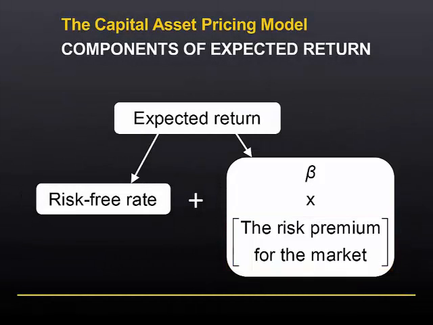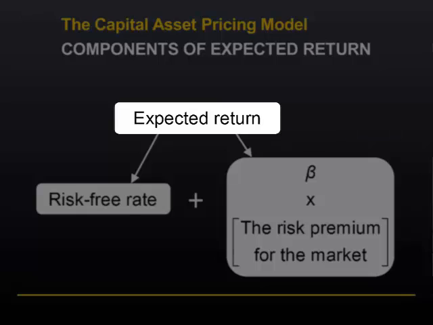Before we proceed any further, we'll start to convert the words in this diagram to mathematical terms so that at the end of the day we can construct a formula for expected return. So instead of the words expected return, we use E(Ri), the expected return on share i.